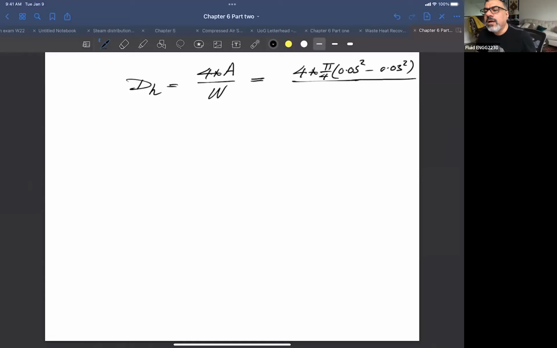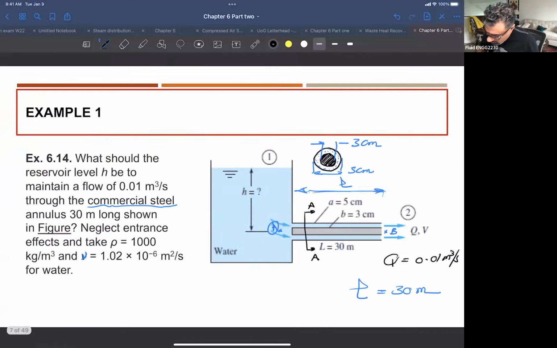Now the wetted perimeter here is the tricky part. It's 2 pi r, because you have two lines of wetted perimeter here.